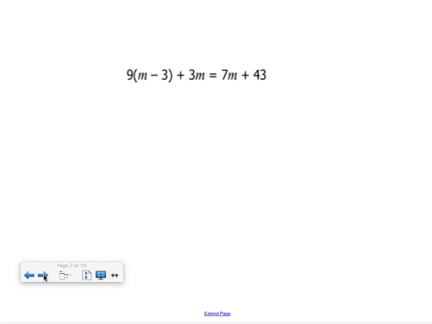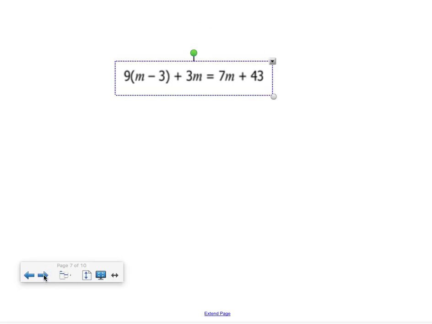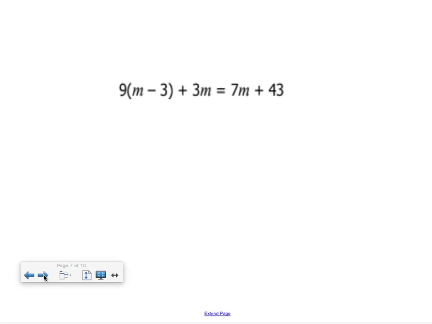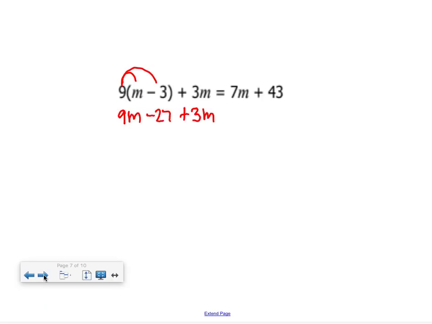Okay, what's happening next? Again, they're getting a little more complicated as we go, but I think it's something that you guys can handle. So again, step 1, distribute. So 9 times m is 9m. 9 times negative 3 is negative 27. Plus 3m equals 7m plus 43.